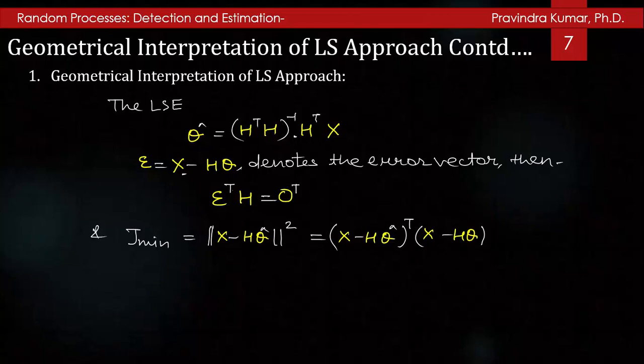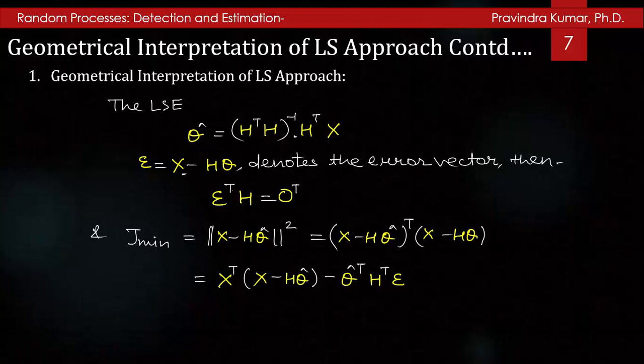And the minimum least square error J minimum can be given as the square of the norm of x − Hθ cap, and it will be equal to (x − Hθ cap)^T (x − Hθ cap).